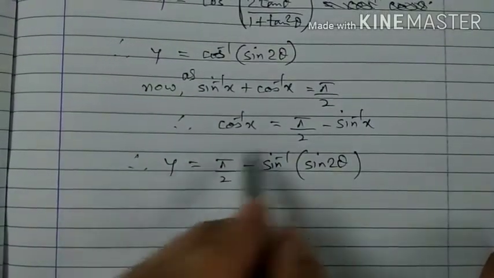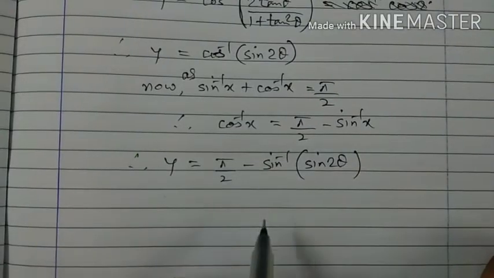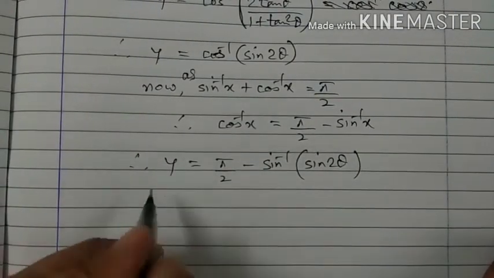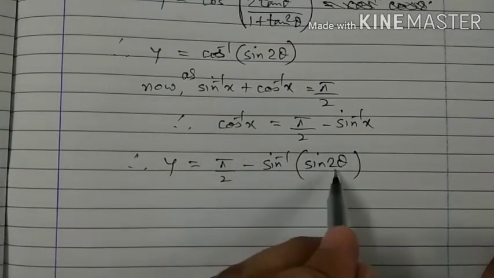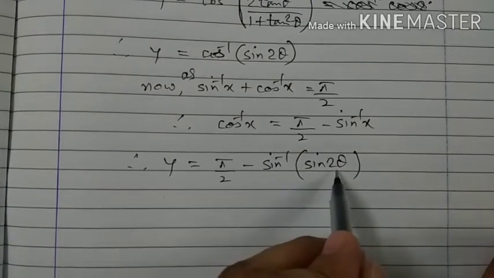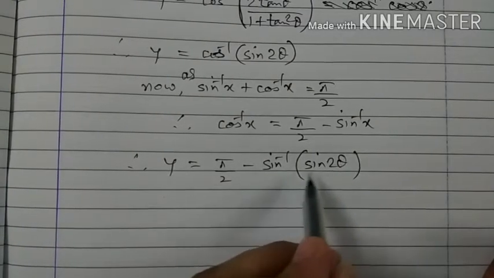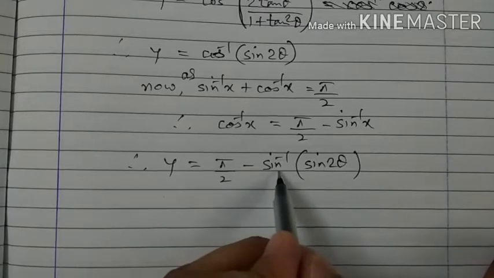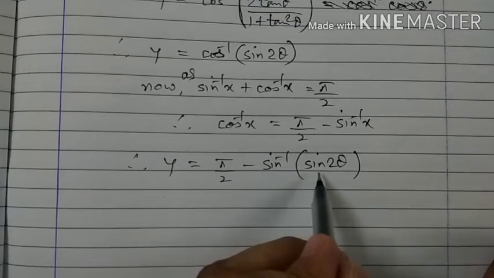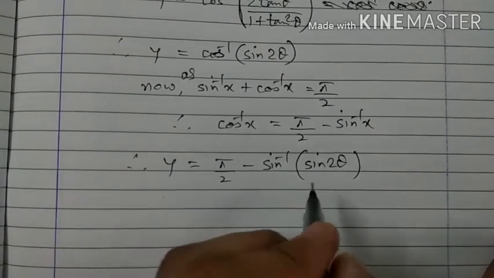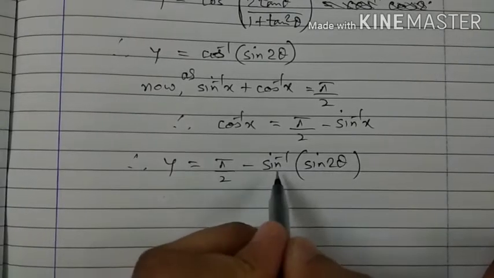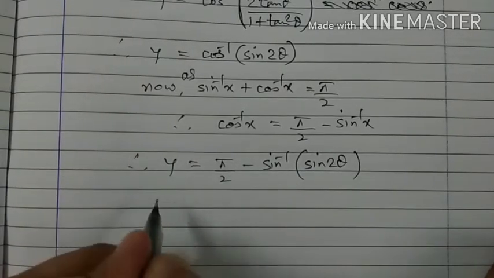Okay, now this term is to be simplified and then we take the derivative. First, for simplification, it is necessary that 2 theta should be in the range of sin inverse. Then only sin inverse and sin get cancelled. So here we have to show that 2 theta lies in the range of sin inverse.